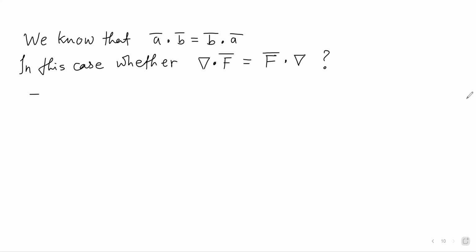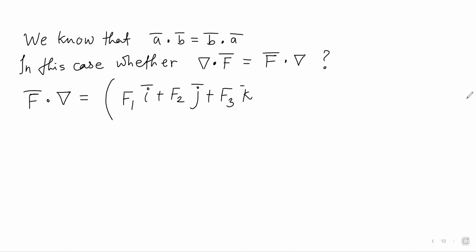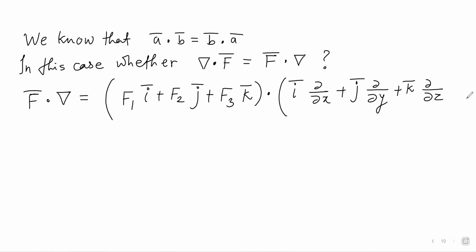So what we do is we take now f bar dot del. F bar dot del. So f bar is what? f1 i bar plus f2 j bar plus f3 k bar dot, what is del? i bar times ∂/∂x plus j bar times ∂/∂y plus k bar times ∂/∂z.